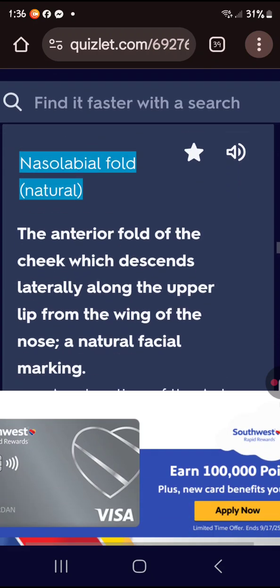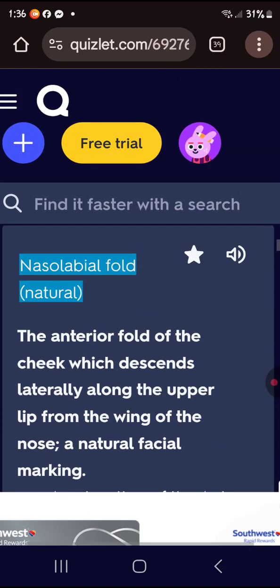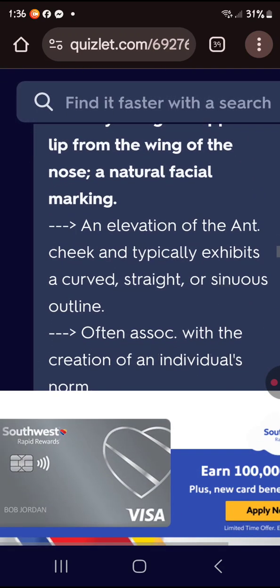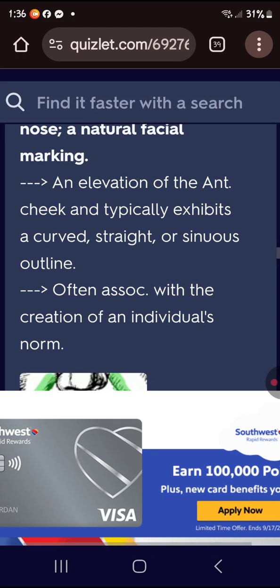The nasolabial fold is an elevation of the anterior or the front of the cheek, and typically exhibits a curved, straight, or sinuous outline. Your cheek is not full of sin.